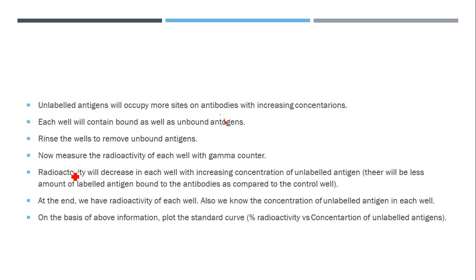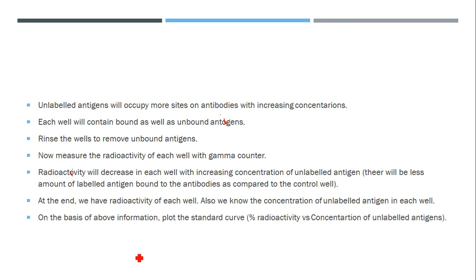Radioactivity will decrease in each well with increasing concentration of unlabeled antigen. There will be less labeled antigen bound to the antibodies as compared to the control well. At the end, we have the radioactivity of each well. Also, we know the concentration of unlabeled antigen in each well.